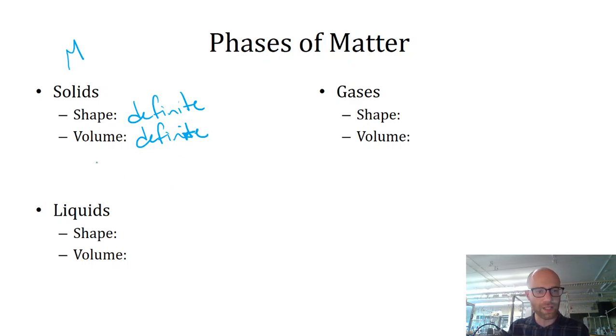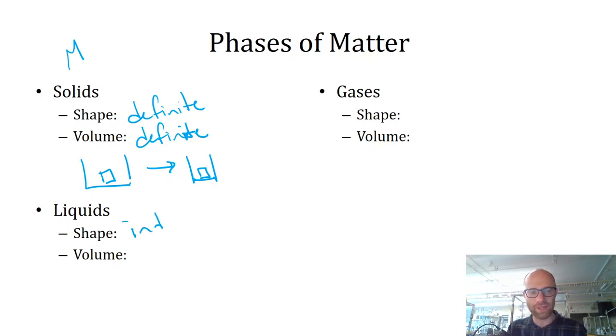So this would be like, for example, if we took some sort of a metal cube and put it in a container, it stays a metal cube after some time has passed. For liquids, the shape is now indefinite. This means that, well, it's variable, so that if we put this in a container, we pour our liquid in, we've got a cup here, and the liquid's coming out, right?